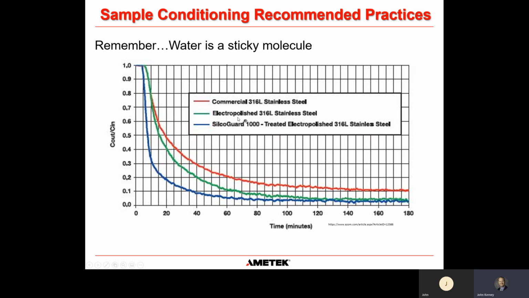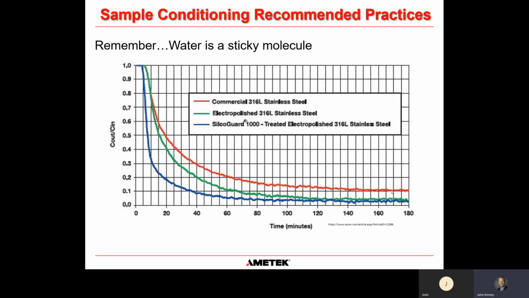Going back to the beginning of the presentation, we talked about water being a sticky molecule and some of the challenges that poses for us. I don't necessarily endorse any of these tubings, but think of this as counts: high water at 1 and low water at 0.